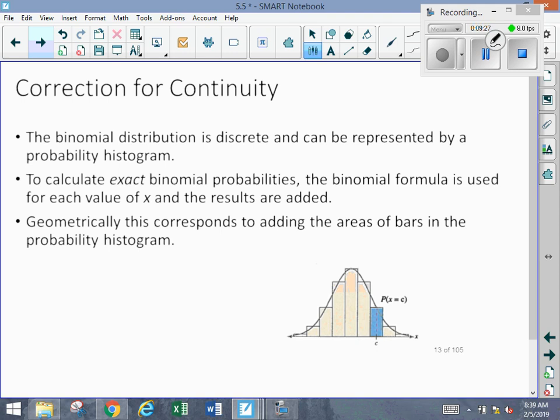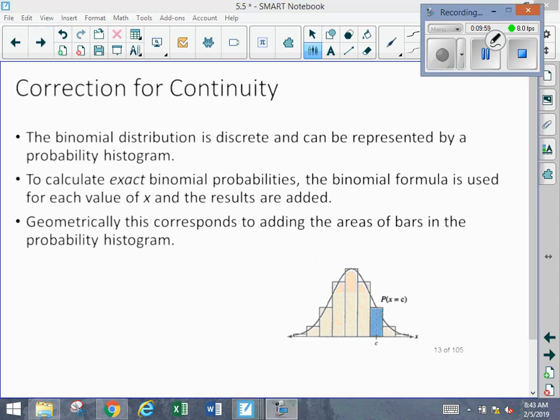And the reason is that a binomial distribution is not continuous, right? So the little chunky histogram represents what a binomial distribution looks like, but this nice smooth curve, of course, is our normal distribution. So we're going to have to make a little correction so that we may use a normal distribution to represent a binomial situation, binomial setting.